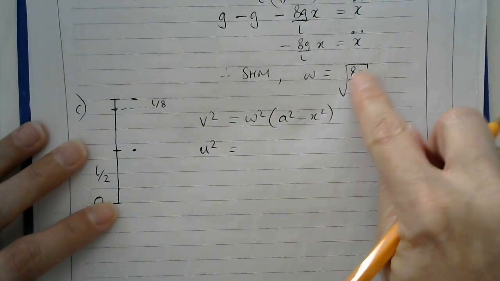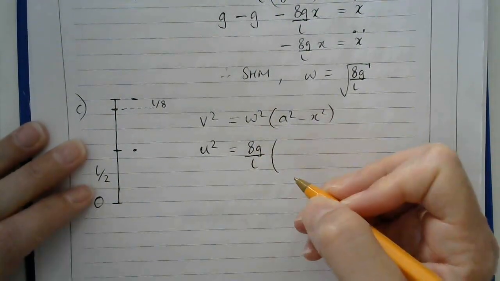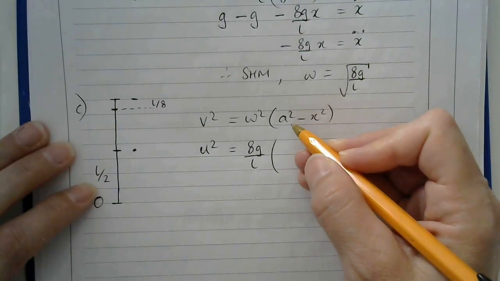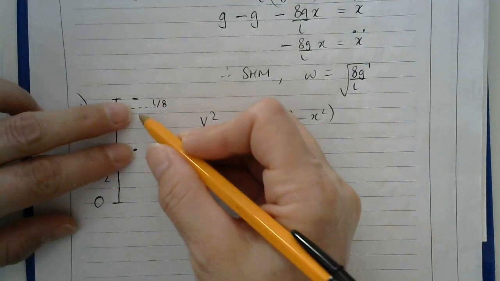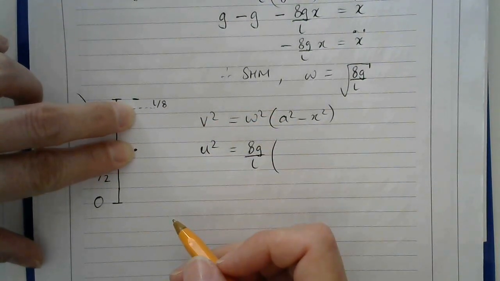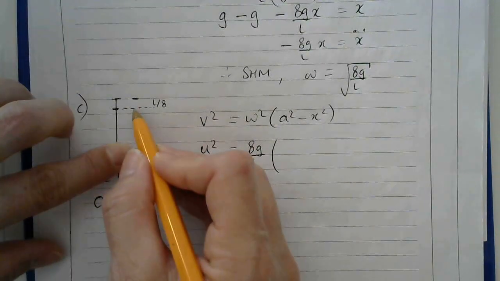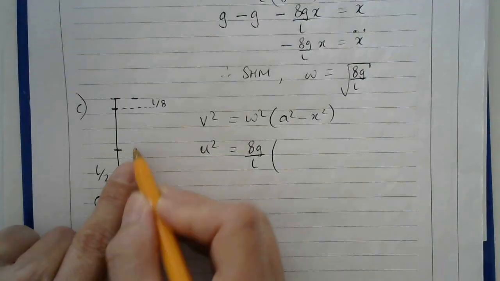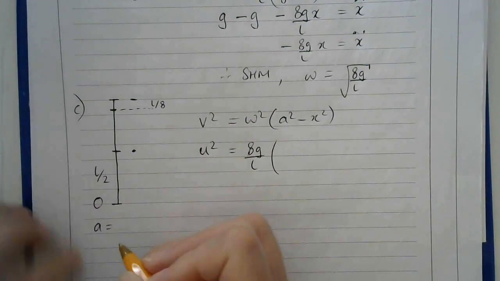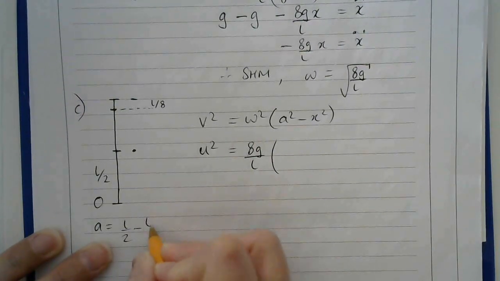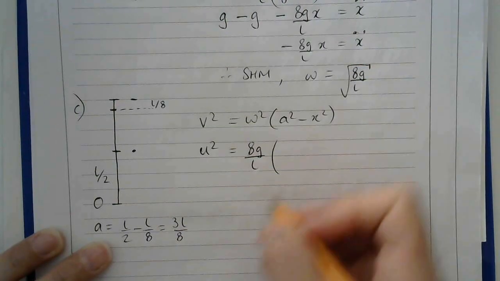Omega squared is this thing squared, so I get 8g over L. A is the initial length from here to here, so how much it was moved away from the equilibrium position when it began moving. So I know that's L over 2, so A is L over 2 minus L over 8, and that's 3/8 L.